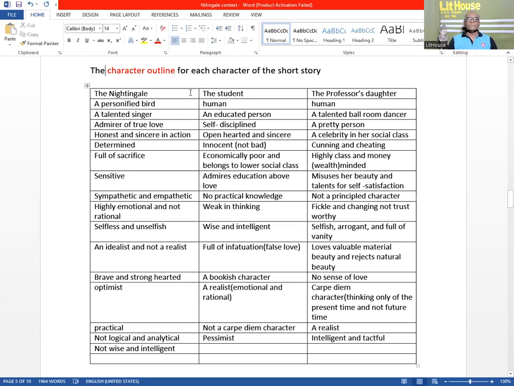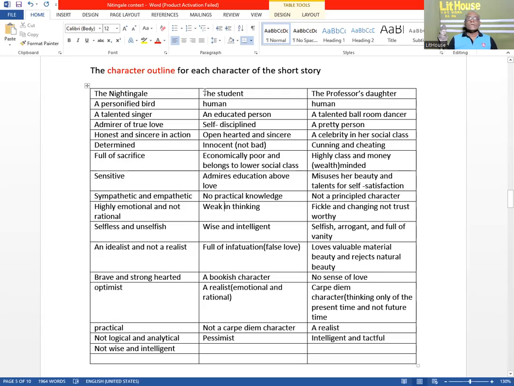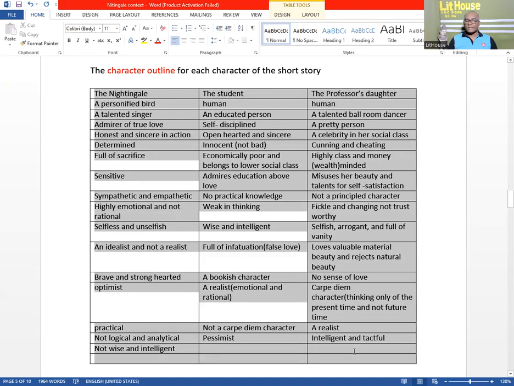Now in the first column, this is the nightingale's character. In the second column, the young student's character. And the third column, the professor's daughter's character. Right. We call this the character outline.